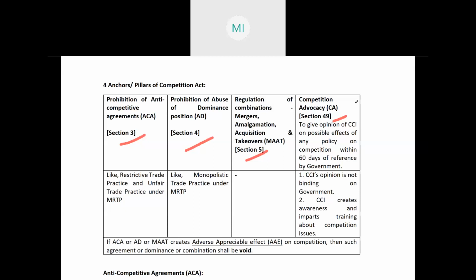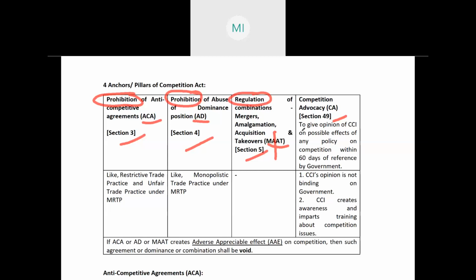Carefully observe the word: prohibition here, regulation here, right? So what we are discussing is anti-competitive agreements, abuse of dominance, and combinations in the nature of mergers, amalgamation, acquisition, and takeovers. Mergers and amalgamation is one bit, acquisition and takeover is the other bit.